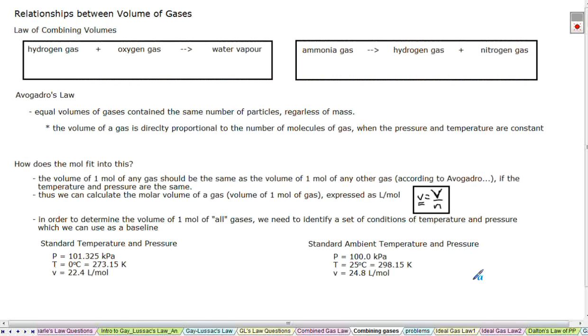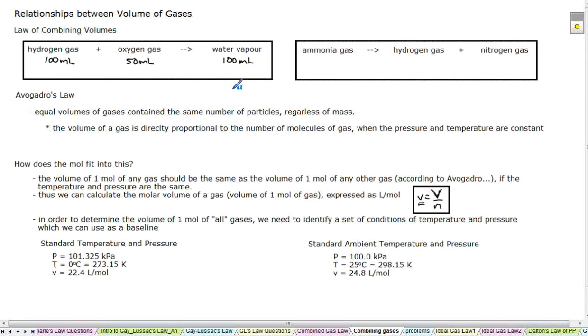When Avogadro was doing his research, he was experimenting with hydrogen and oxygen gas, and he noticed that whenever he did an experiment with hydrogen gas, say he took 100 milliliters of hydrogen gas and reacted it, it would react completely with 50 milliliters of oxygen gas, and it would produce 100 milliliters of water vapor.